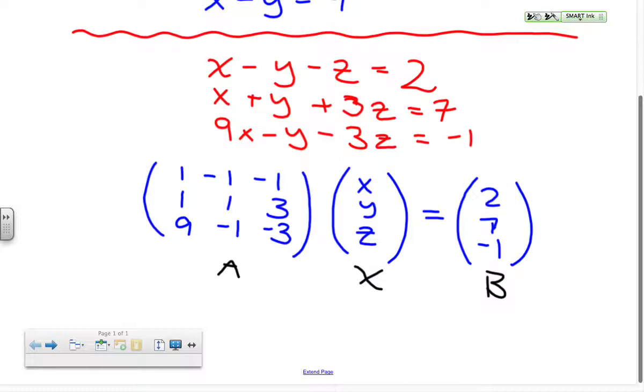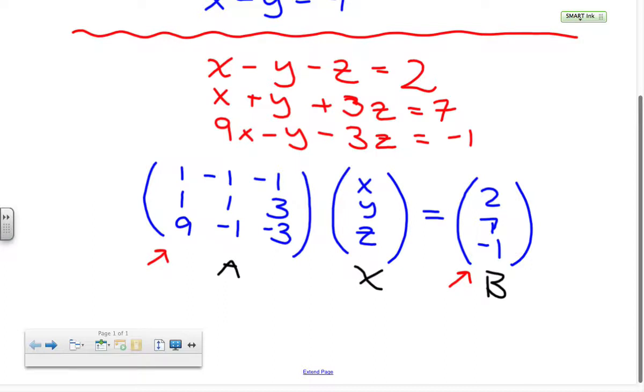If I had the x's and y's switched on one of them, or the y's and z's, I'd have to make sure that they're all in the same order. So now that I have this, I can put matrix A into my graphing calculator. I can also put in matrix B. We're not going to worry about the X matrix. That's not something we put in our graphing calculator. So go ahead and put it in your graphing calculator.